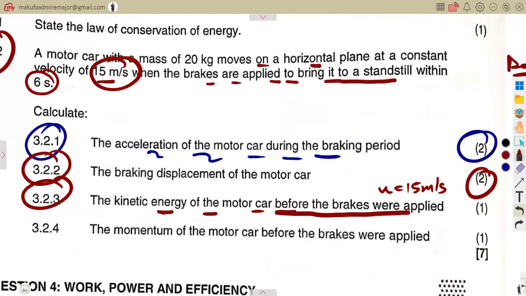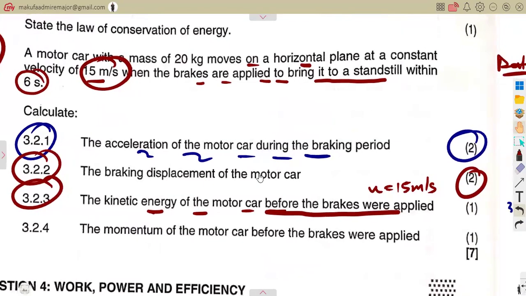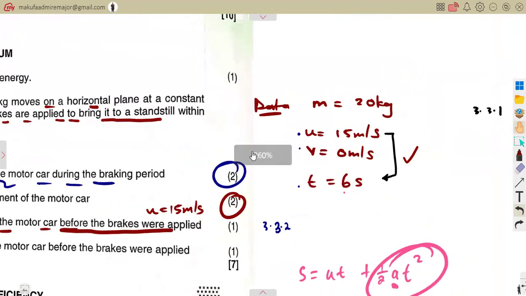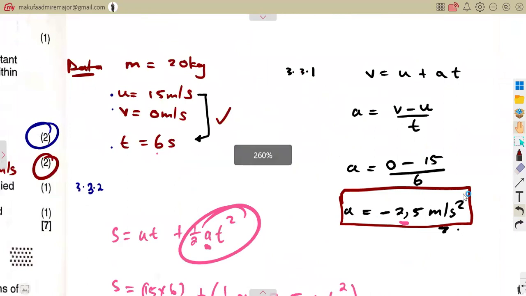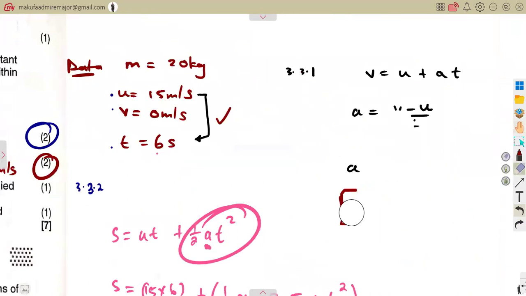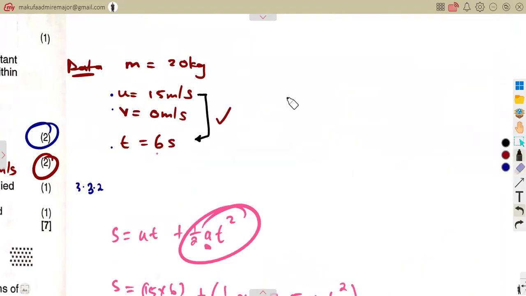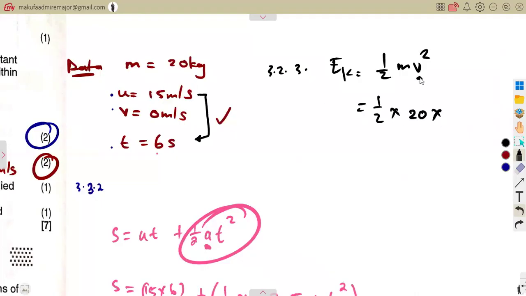Mass, we have the mass already. The mass is there, remember. The velocity we are using is the initial, before the brakes were applied. The velocity that you are using there, that is the most important part. All right, so that's 3.23. So our kinetic energy, as we saw, the formula is half mv squared, but the velocity that you are using there is the initial before the brakes were applied.